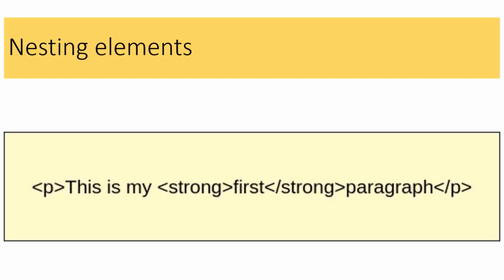Most people do not open and close the elements properly, so it will not give the appropriate result in the browser. Suppose people open the p tag, then write the content, then write the strong tag and the text, then they close the p tag first.